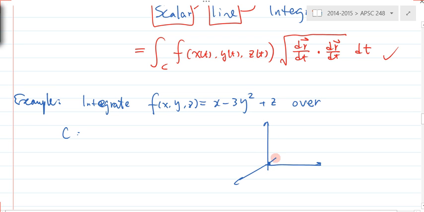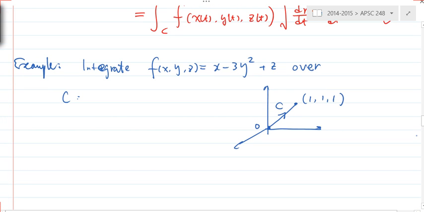The curve C is a straight line between two points: one is the origin, and the other is (1, 1, 1). This is the curve C here. The question didn't tell you the parametric equation or the vector function representing this curve C.